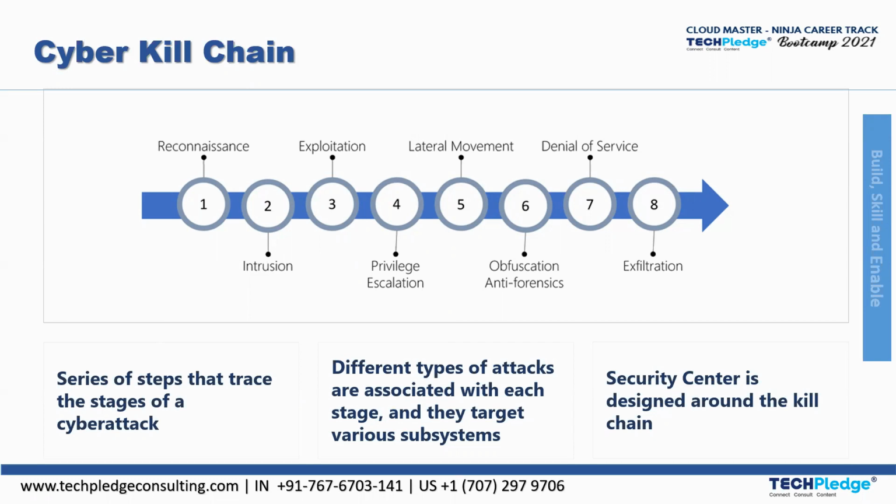There is a procedure, there are steps by which it intrudes into your server. So there are 8 steps of the cyber kill chain. Each stage is related to certain types of activity in a cyber attack, regardless of whether it's an internal attack or an external attack.